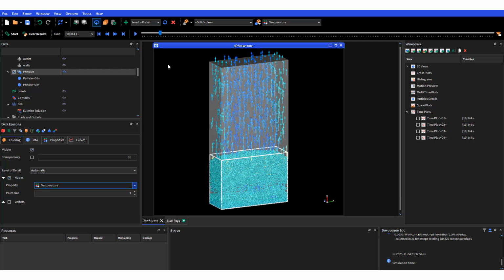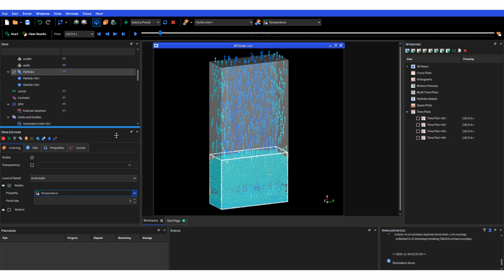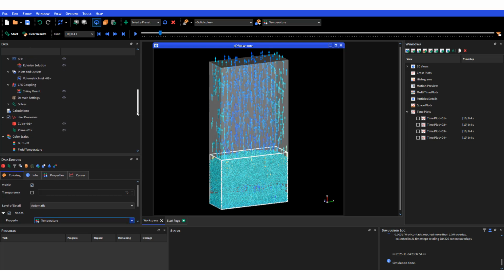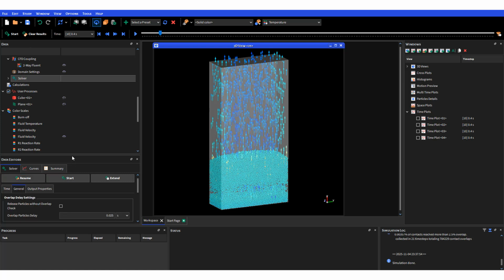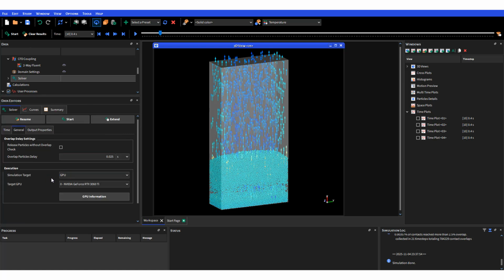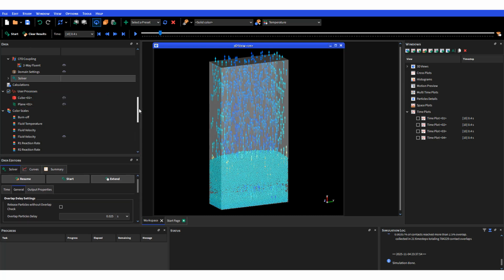So that is basically it. I also should note that I'm using a GPU solver for the DEM for Rocky. So basically this can be set up in general, and then I'm using a GPU solver for this model, and a CPU solver for Fluent.